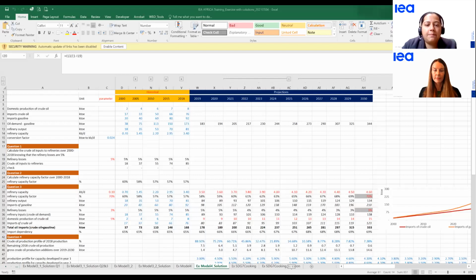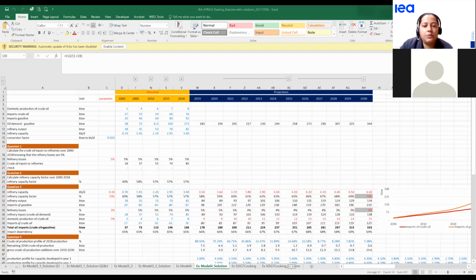The second question was to calculate the refinery capacity factor over 2018. How do we calculate the refinery capacity factor? It's calculated as the ratio between the refinery output and the refinery capacity. You have to take into account the fact that the units are different, so you have to convert KTOE into KBD.